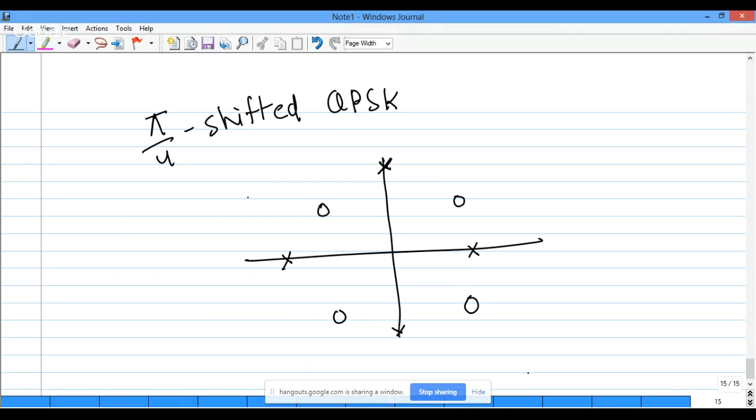Let's say in 1 T by 2 symbol time, we make a transition from this constellation to this constellation.